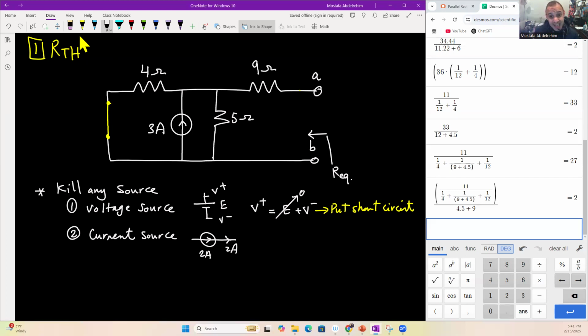To cancel its effect, make an open circuit, because an open circuit always has a current equal to 0. So we're gonna bring a cutter or scissors and cut here. Once you have a cut in a branch, the current is 0. Basically, you can just remove this branch altogether.